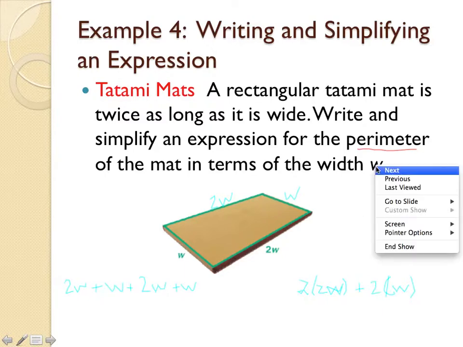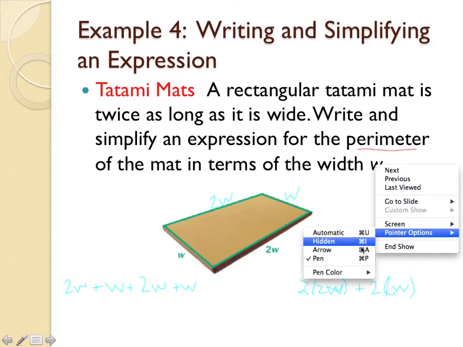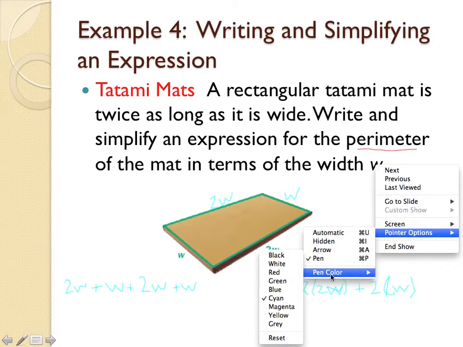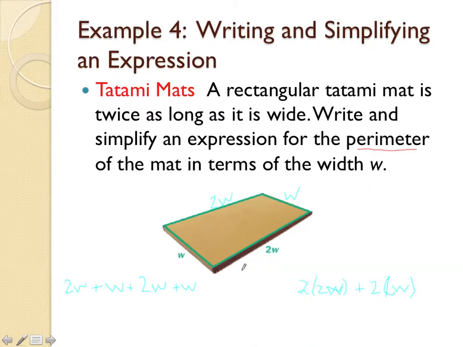All right, let me grab a color. And we'll start looking for like terms. I'm going to underline here. As I look down, I notice all of my terms have a W in them, so they'll all be the same color coding with the same shape. Notice my W here doesn't have a coefficient.